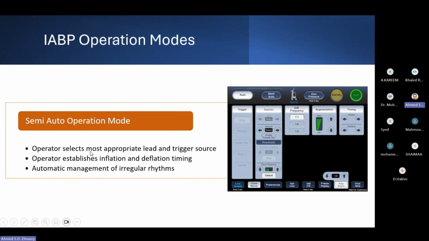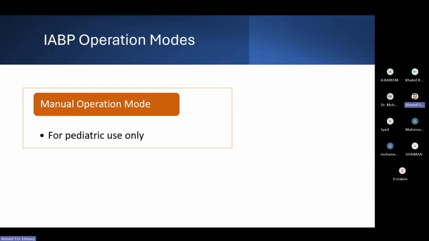So the operator will be able to select the trigger for the patient, for the intra-aortic balloon, and the operator will have access to control the inflation timing and also the deflation timing. It is semi-auto because the machine is automatically able to manage the changes in the rhythm and heart rate. And as we say, the manual mode we use only for the pediatric cases.